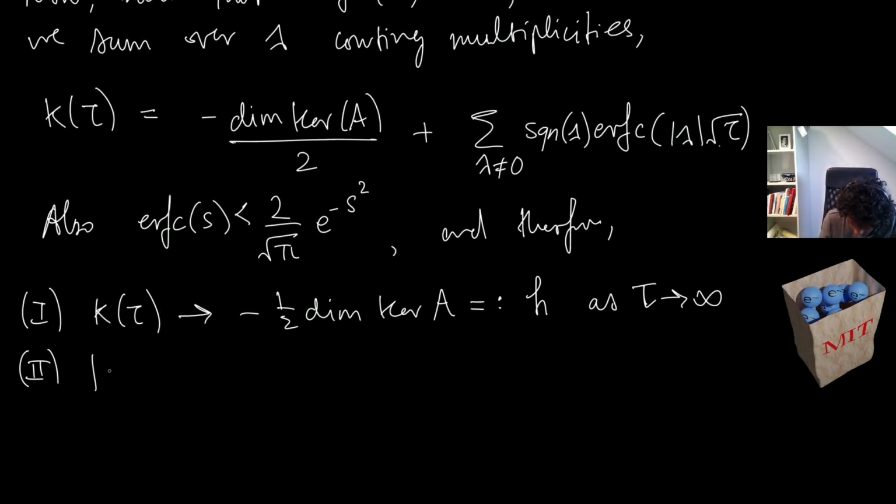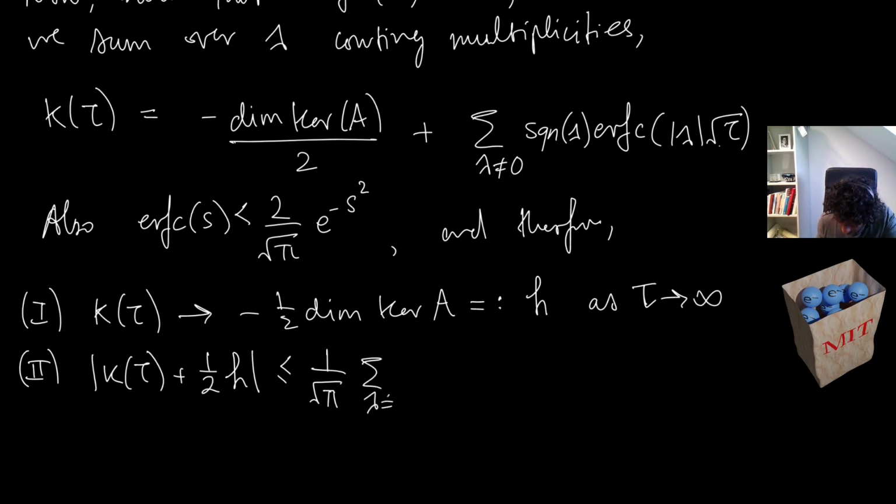And k tau plus a half h is bounded by this quantity, the sum over non-zero lambda of e to the minus lambda squared tau, as again tau goes to infinity.